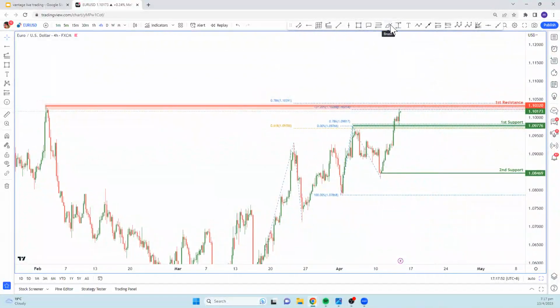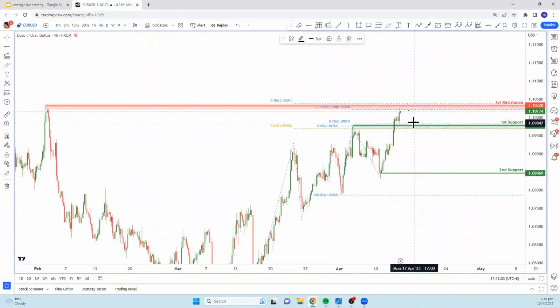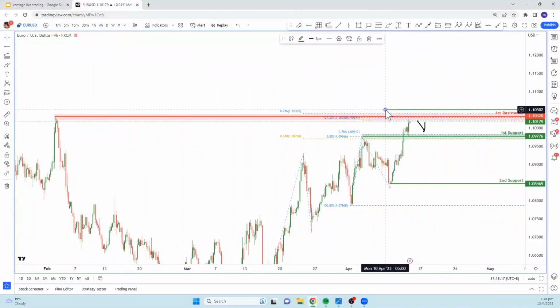So if we're going in for a sell from our first resistance to, where is my drawing? Okay, sorry about that. From here to here, then of course we need a stop loss. So in that case, I would place the stop loss just slightly above here.